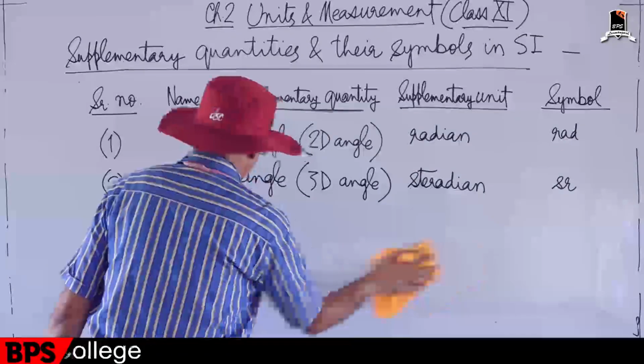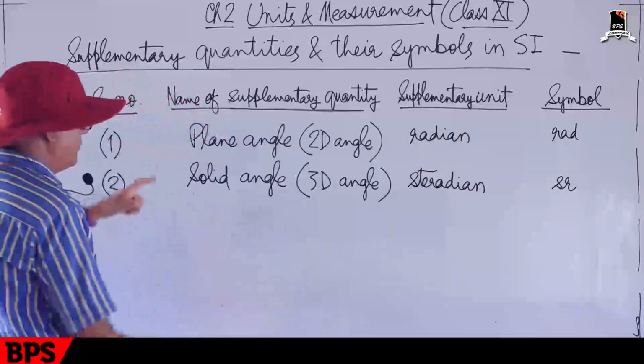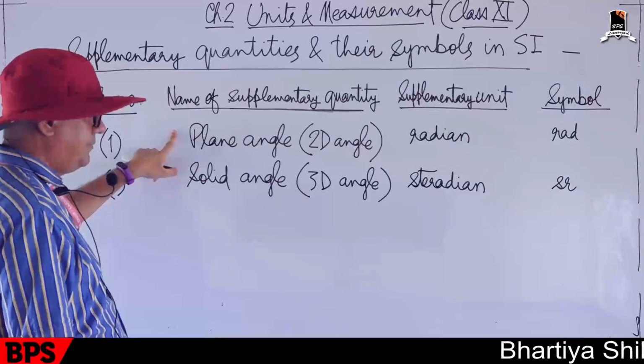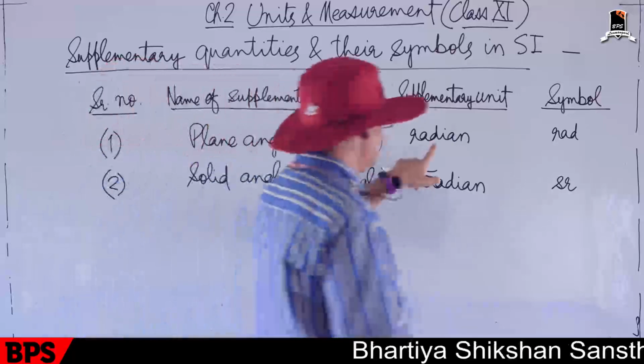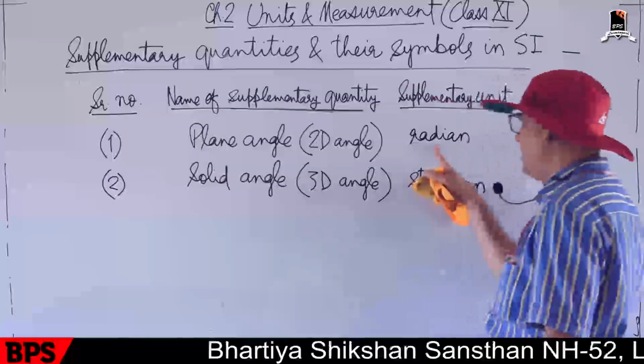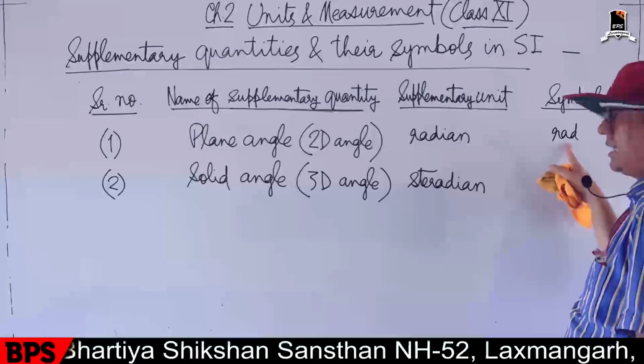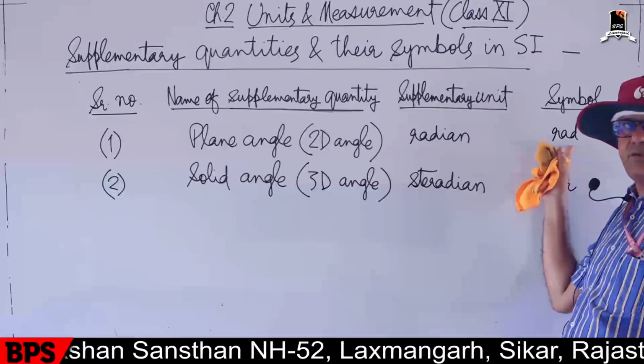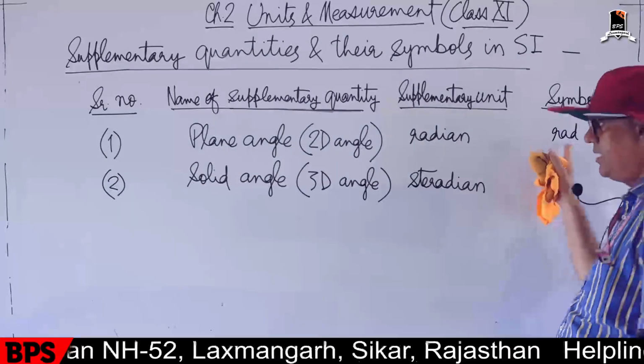So these are two supplementary quantities named as plane or two-dimensional angle, which will be used generally. Its SI unit is radian, and its symbol is RAD. Remember it, it is not RED.